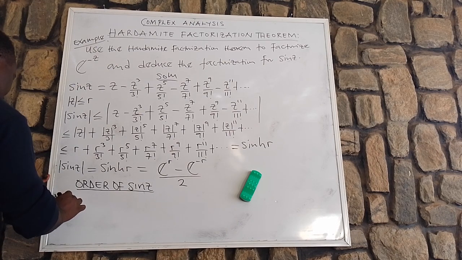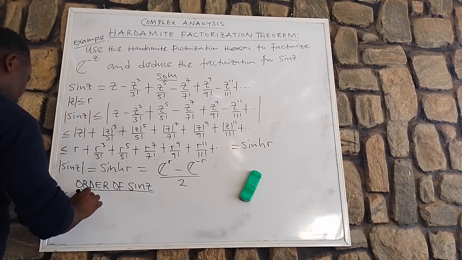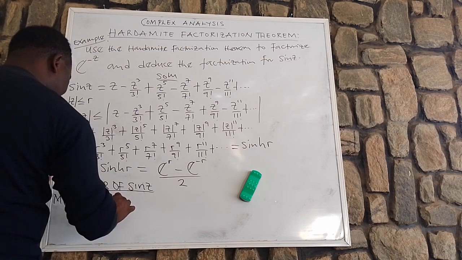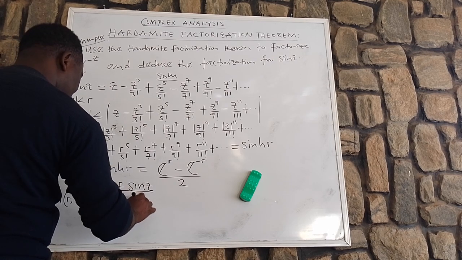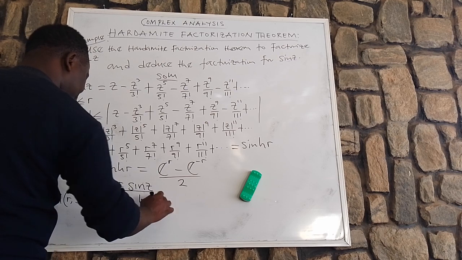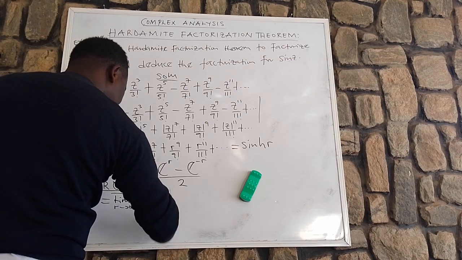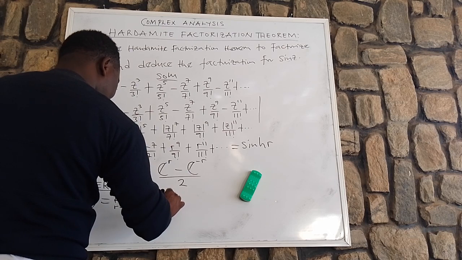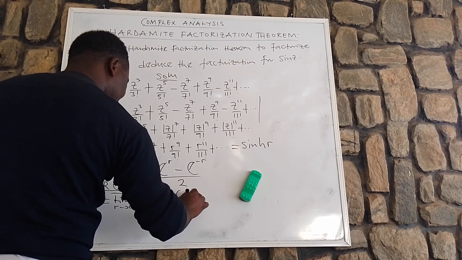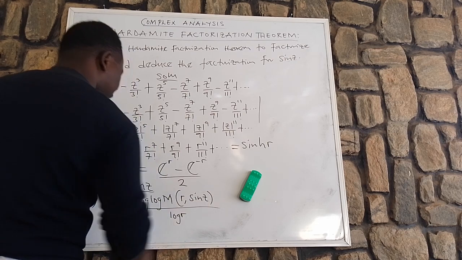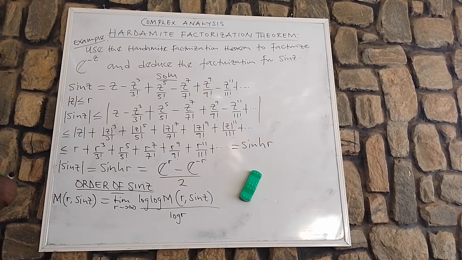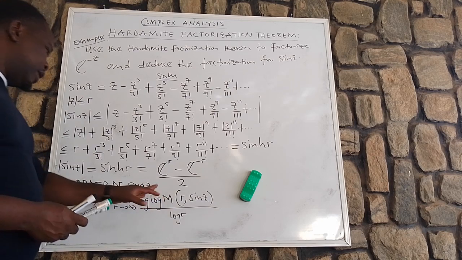M of R, since we are talking about sin z. The order of sin z is now equal to the upper limit as R tends to infinity of log times log again, open bracket, M open bracket R comma sin z, all over log R. Take note. So we are going to make use of this formula to obtain the order of sin z.